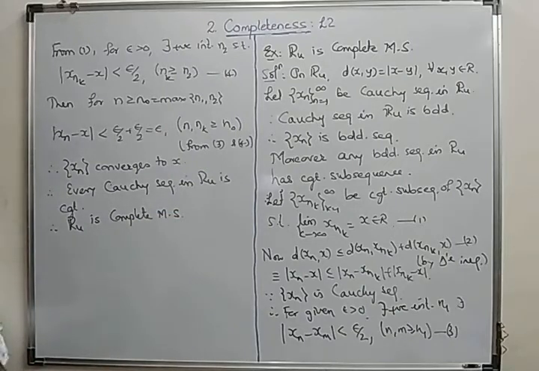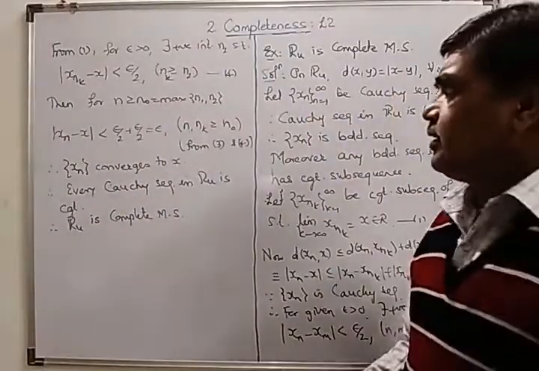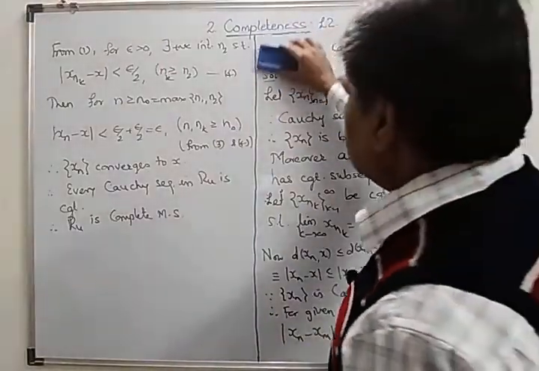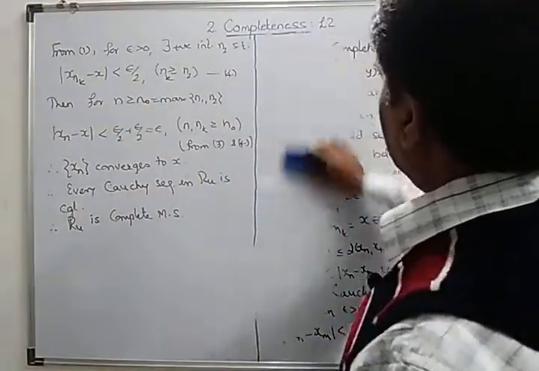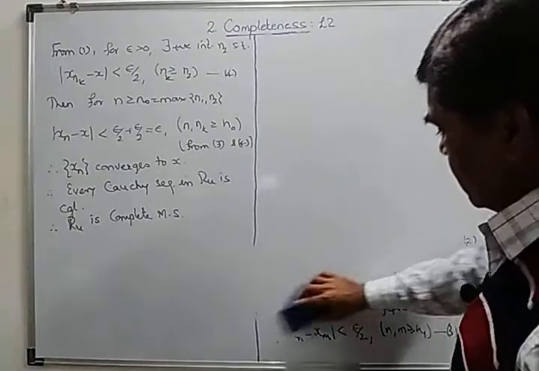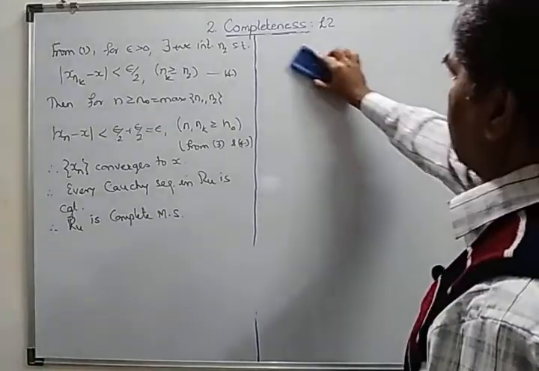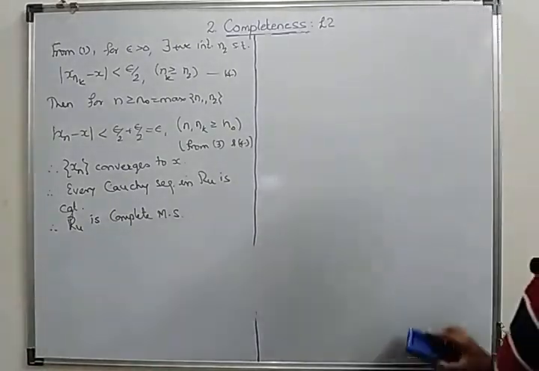Now take a discrete metric space (X, d). I can take a metric space in which every set is open as well as closed. But here we'll take d(x, y) is 0 if x equals y and 1 if x is not equal to y.